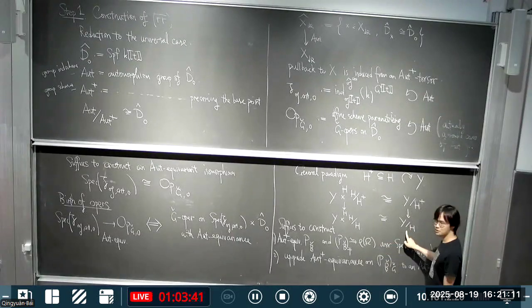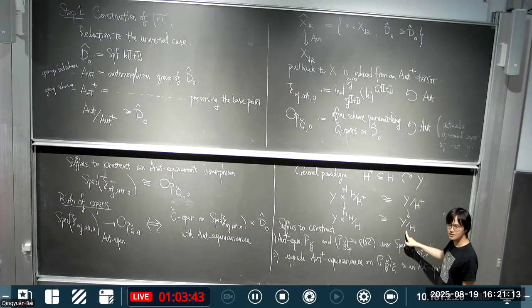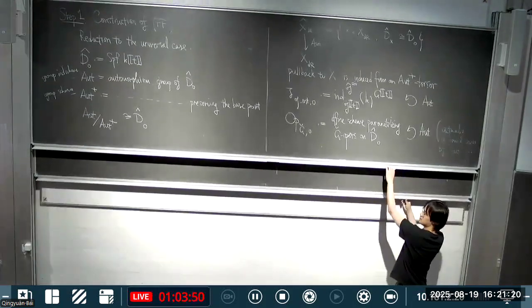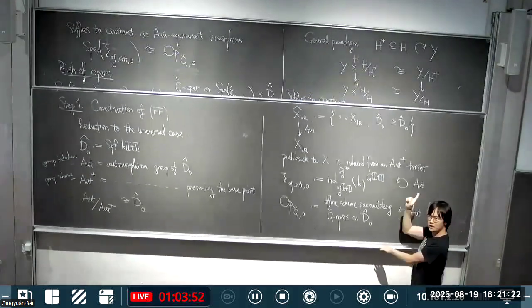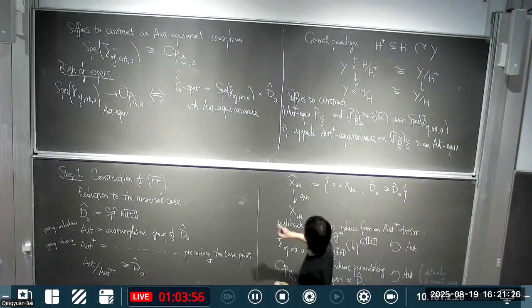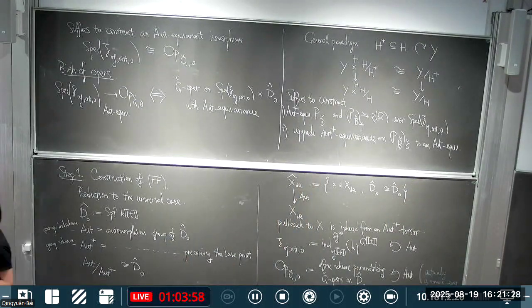And now this means that I just need to upgrade my H plus equivariance to H. But then, of course, there's an oper condition that you still have to check, but you can formulate it in terms of what happens on this Y times the disk.